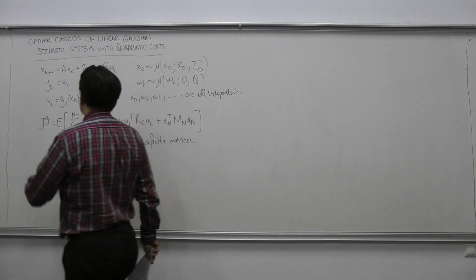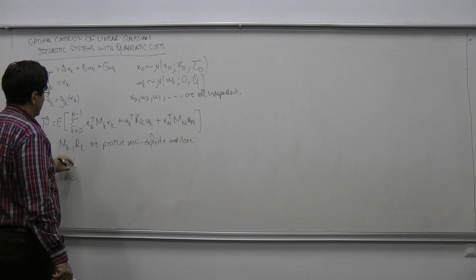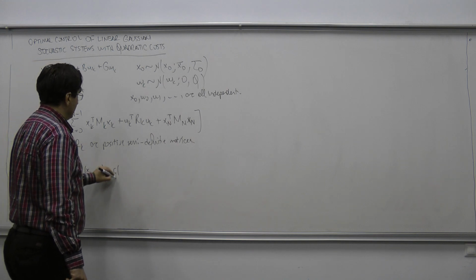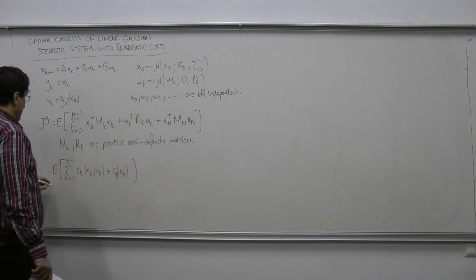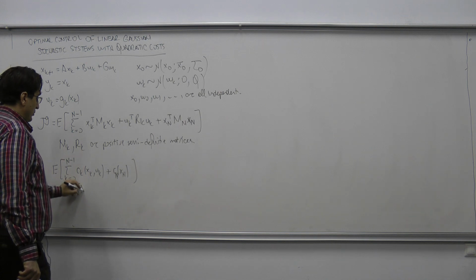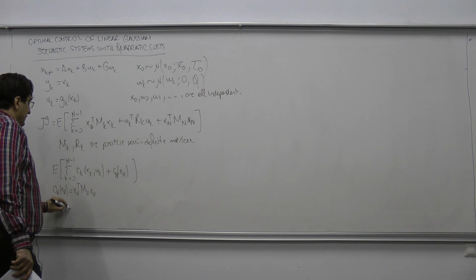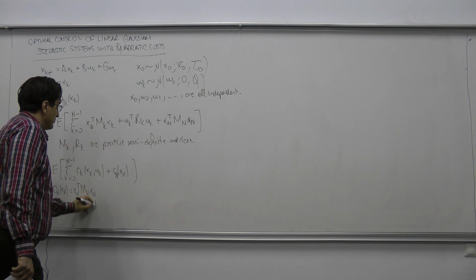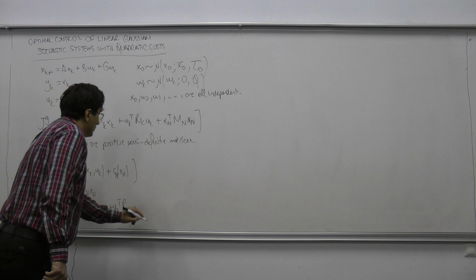We see that this cost function is in the following form: expected value of the sum from k equals 0 to N minus 1 of c_k(x_k, u_k) plus c_N(x_N). For this case, c_N(x_N) is x_N transpose M_N x_N, and c_k(x_k, u_k) is x_k transpose M_k x_k plus u_k transpose R_k u_k.